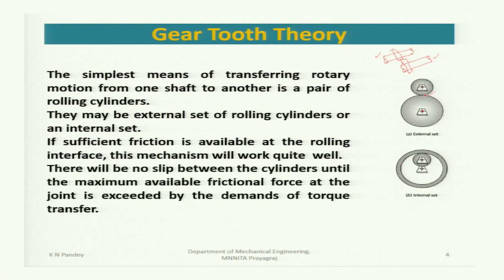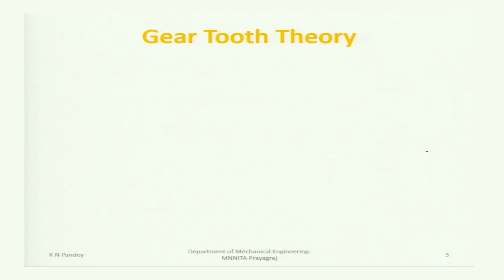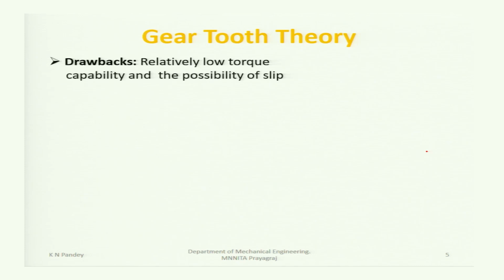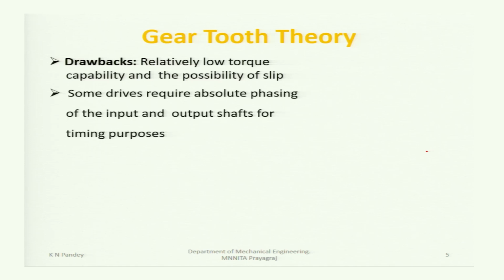There will be no slip between the cylinders until the maximum available frictional force at the joint is exceeded by the demands of torque transfer. Now, the drawback with this simplest mechanism is that relatively low torque can be transmitted, with maximum capacity up to the frictional force acting between the two cylinders, and there is a possibility of slip.